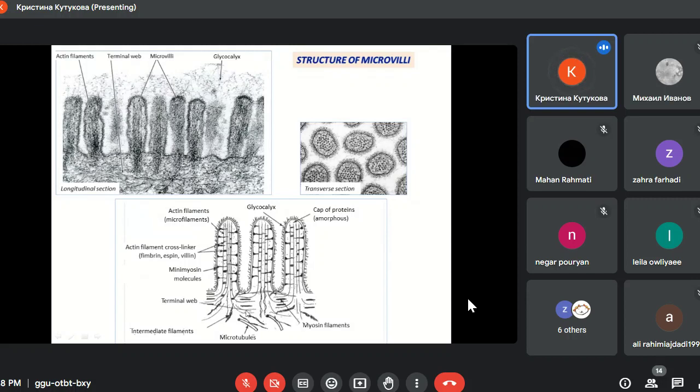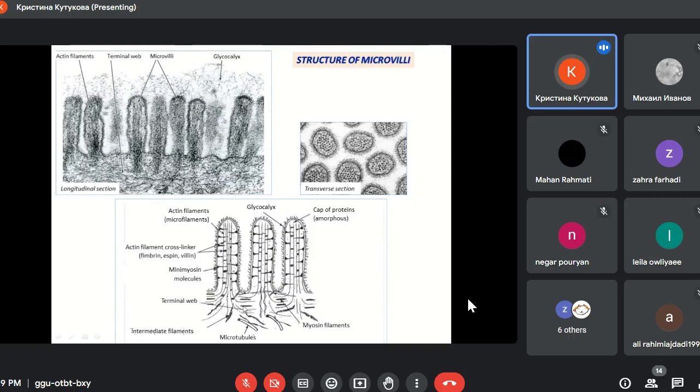The terminal web consists of myosin microfilaments, intermediate filaments, and microtubules. And actin microfilaments inside the microvillus and myosin filaments inside the terminal web can move along each other like they do in muscle cells, where we have actin and myosin myofilaments, which are for contraction. Almost the same we have here.